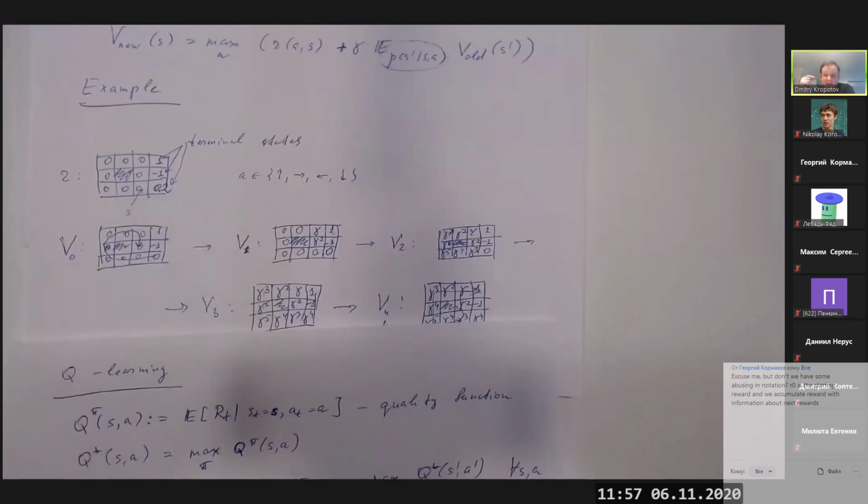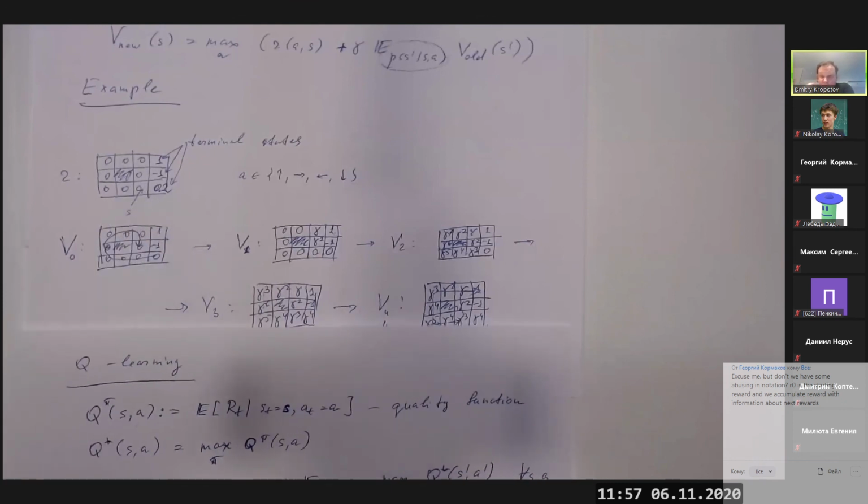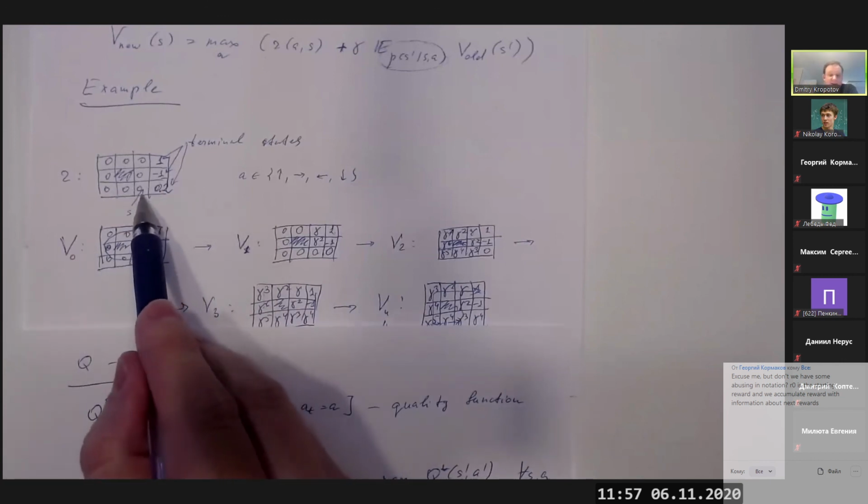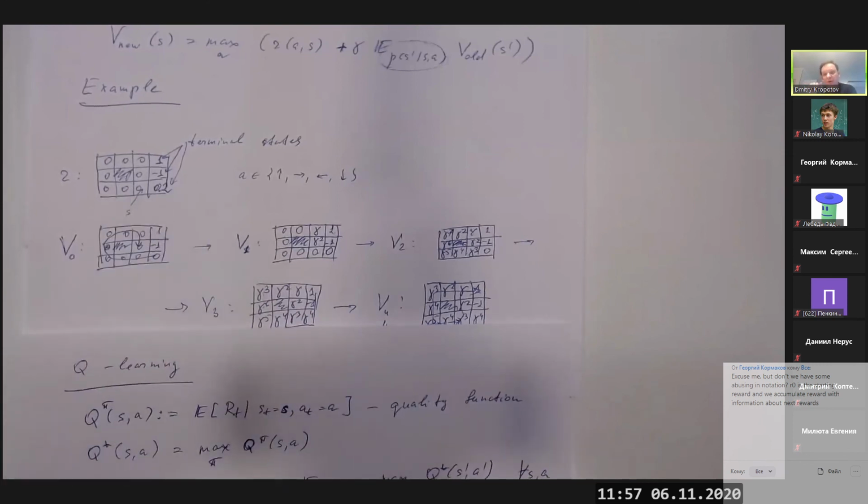It means that at the next time moment, if you are in this position, you would always choose the action going to the right. You go to the right, get some positive reward, and stop.